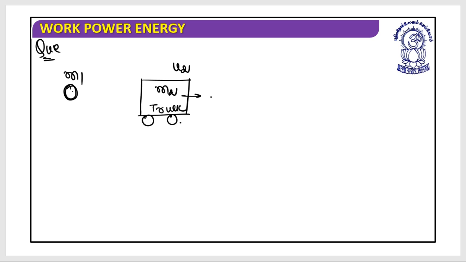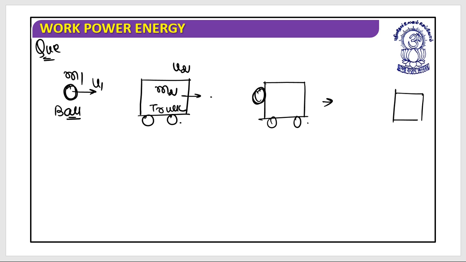Let's suppose it is a ball and it is also moving in this direction. If these are going to collide, with the ball hitting the truck, what should be the final velocity of the truck and the ball? This is the truck, this is the ball, this is v2, this is v1.